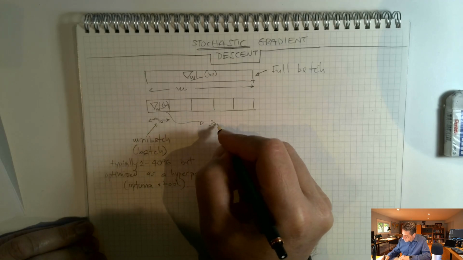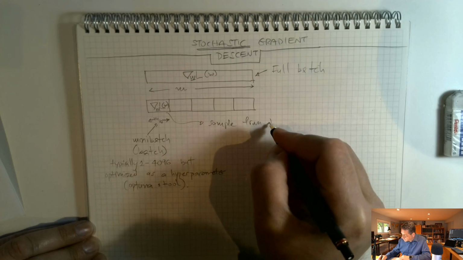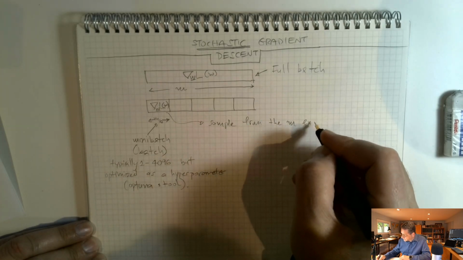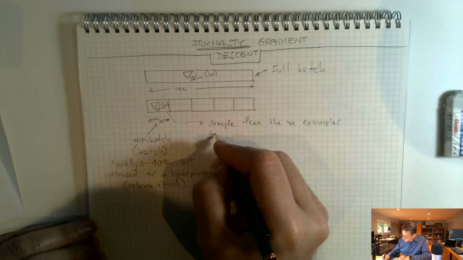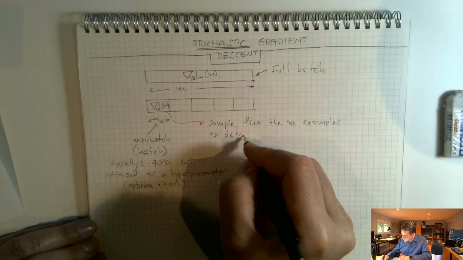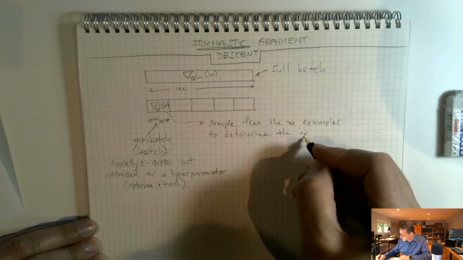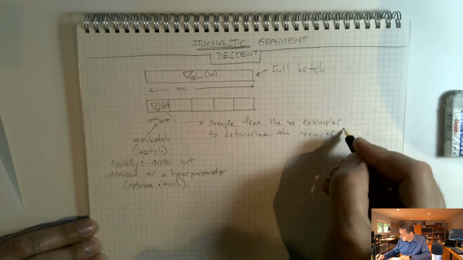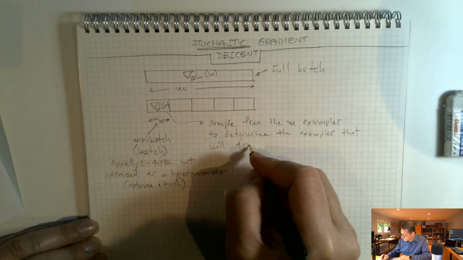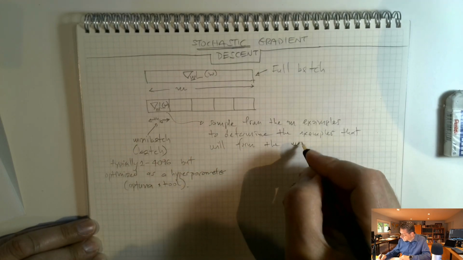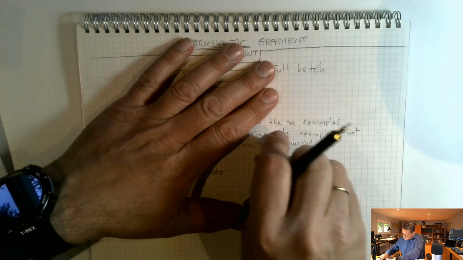We sample from the M examples to determine the examples that will form each mini batch.